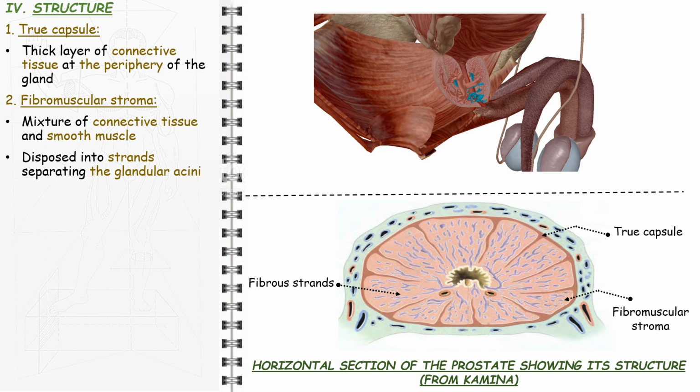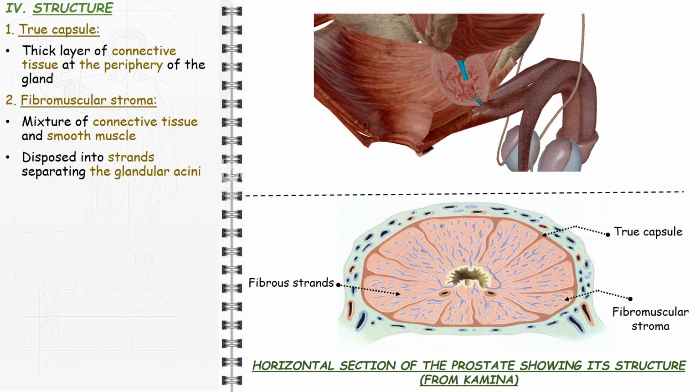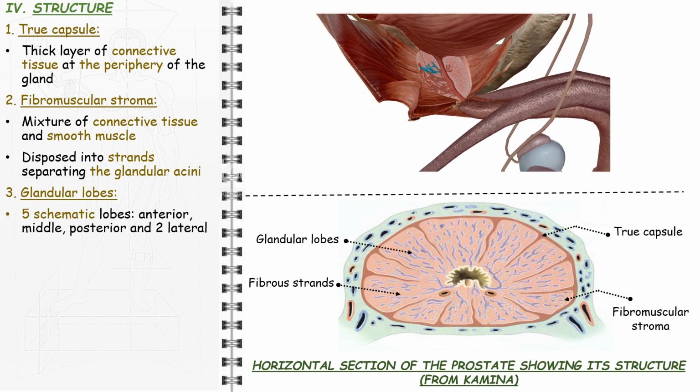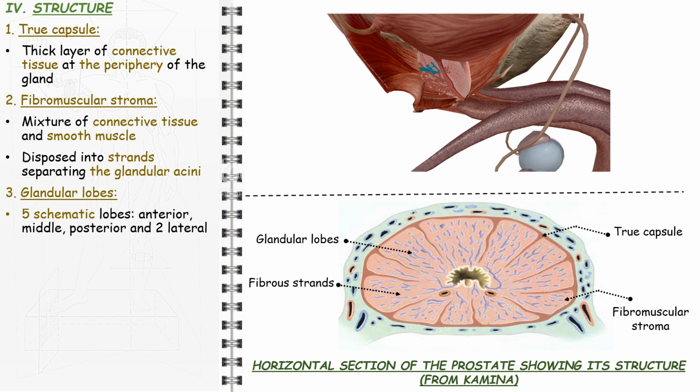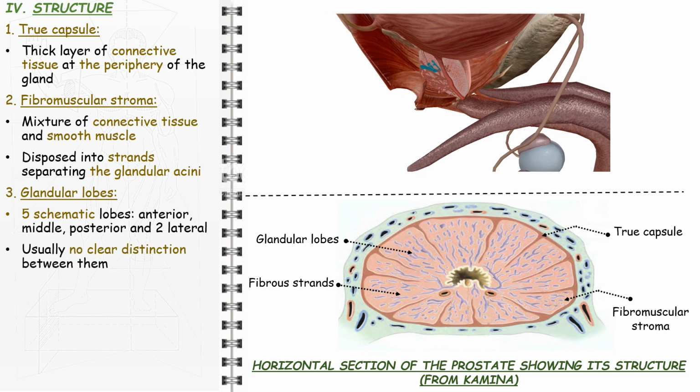The prostatic glands are 30 to 50 tubulo-alveolar glands opened into the prostatic urethra by 15 to 30 prostatic ducts arranged into 5 glandular lobes: anterior, middle, posterior and 2 lateral. Usually, there is no clear distinction between them.